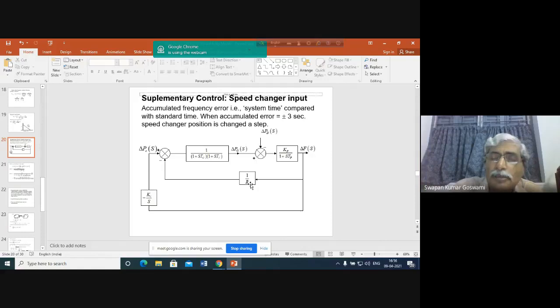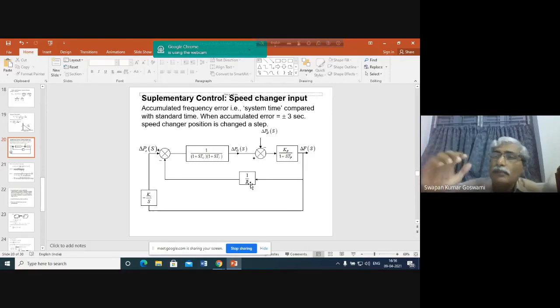The time constant of the governor is much less than the time constant of this secondary control. So the governor associated with each and every generator will take part in control of frequency, depending upon their regulation after a change in the power demand.